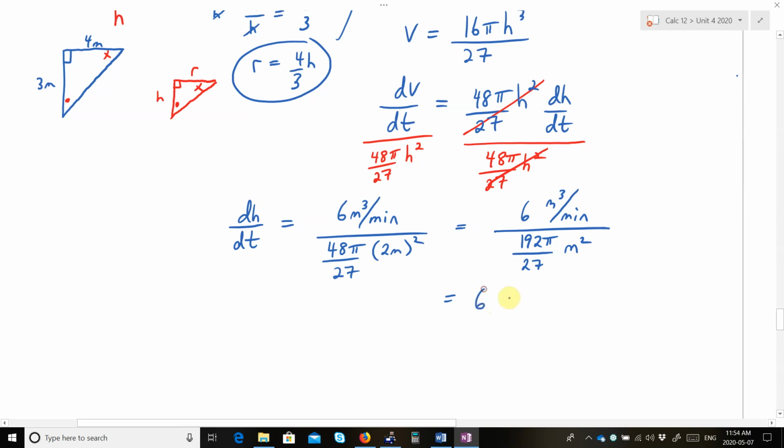So this will be 6 cubic meters per minute. When you divide by a fraction, you can multiply by the flip of the fraction. So 27 over 192 pi. And since I flipped the fraction, that will end up on the bottom, right? The meters squared.